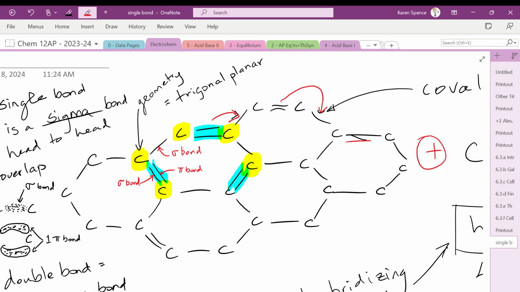And if I put a negative terminal over here, they move away from the negative terminal and towards the positive terminal. So graphite can conduct electricity in the plane of the hexagons. It can conduct electricity this way, but not this way. Does that make sense? Because within this structure we have those delocalized electrons within that plane.